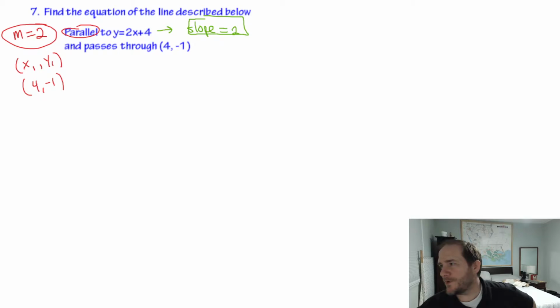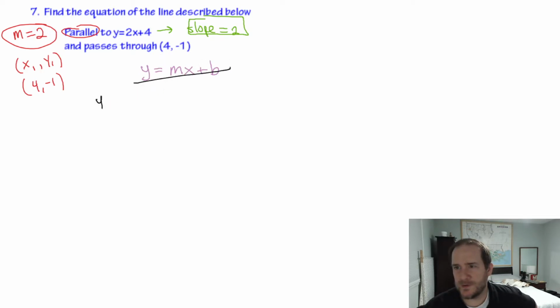So my preferred way to do this problem is to use not y equals mx plus b, although you can do y equals mx plus b. But for this problem, I like this equation, y minus y1 equals m times x minus x1.